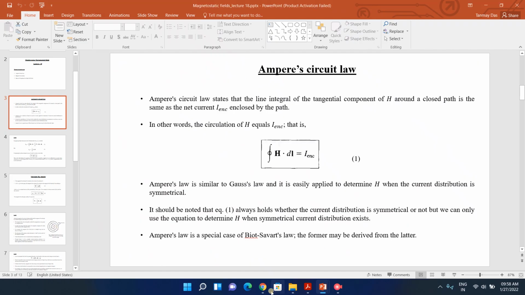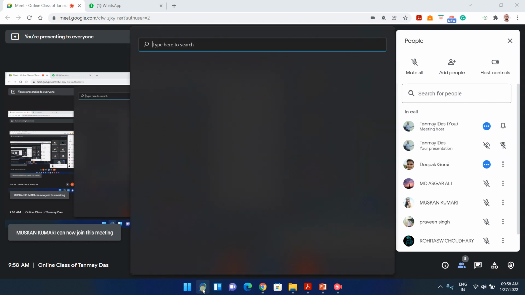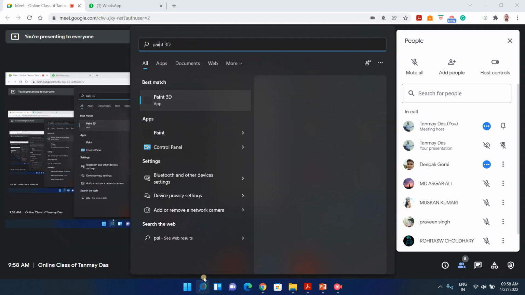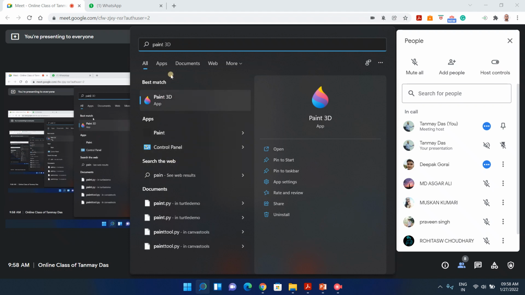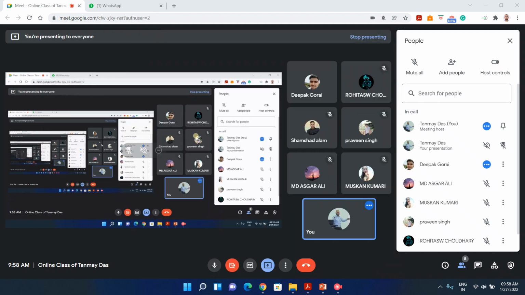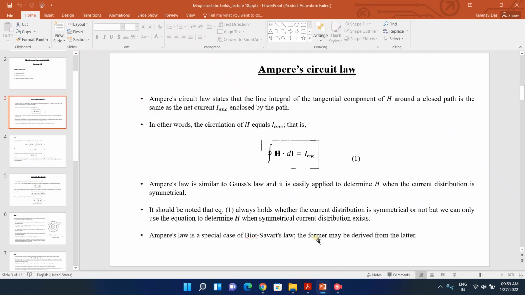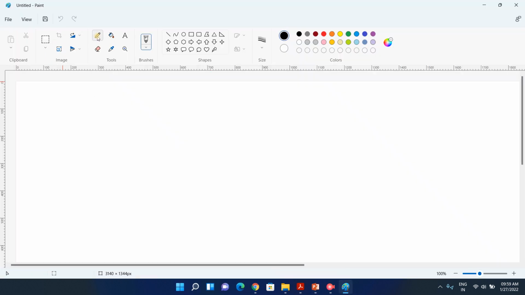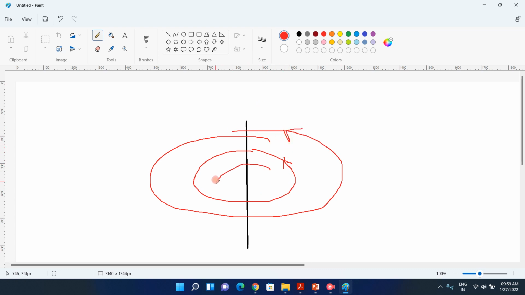Which means, if there is a conductor like this, the magnetic field will be created in this fashion, and the current direction is like this.